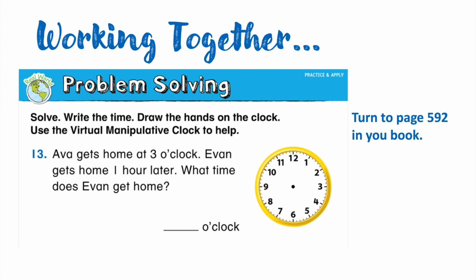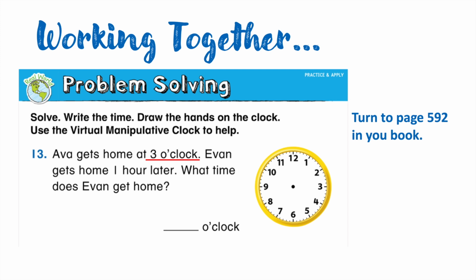Let's go ahead and read the problem. Ready? Begin. Ava gets home at 3 o'clock. Evan gets home 1 hour later. What time does Evan get home? So we know that Ava gets home at 3 o'clock.